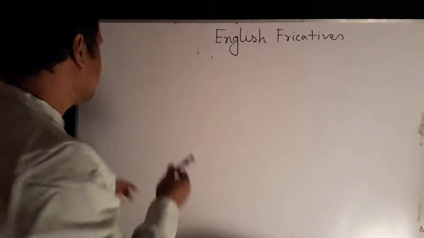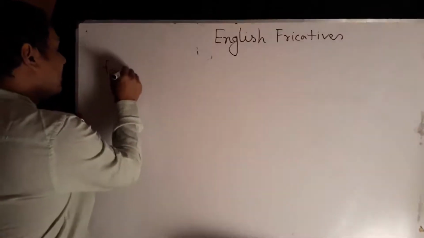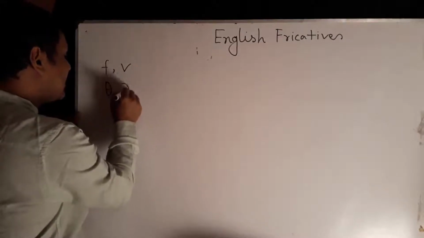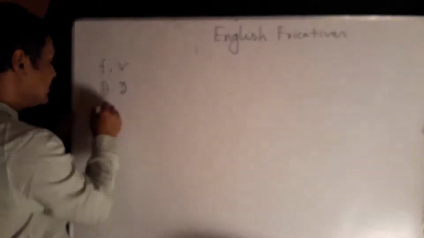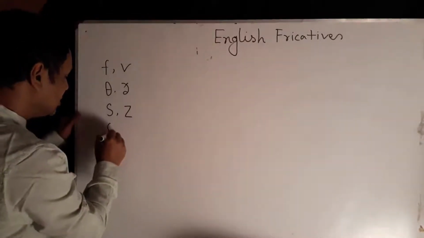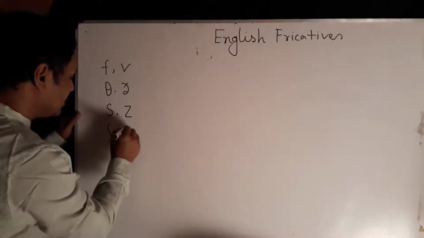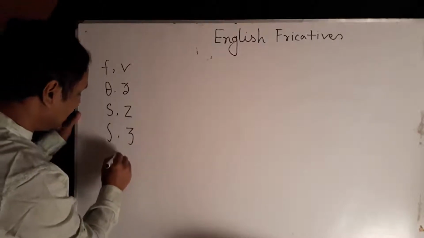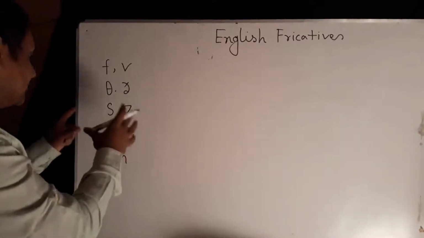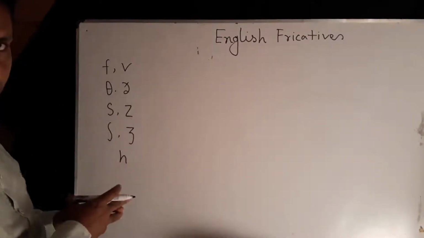They are fa, va, tha, da, sa, za, sha, ja, and ha. These are the 9 fricatives of English language.